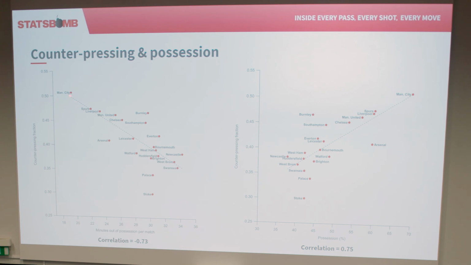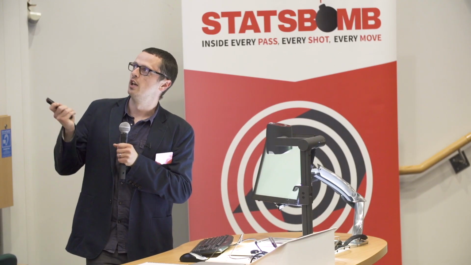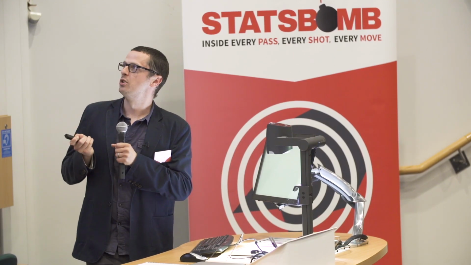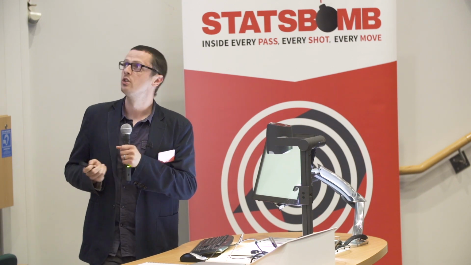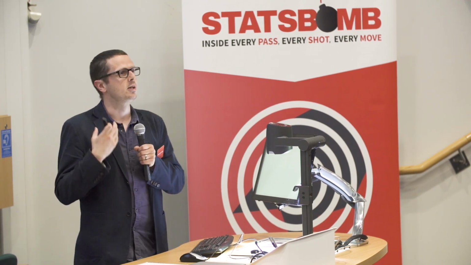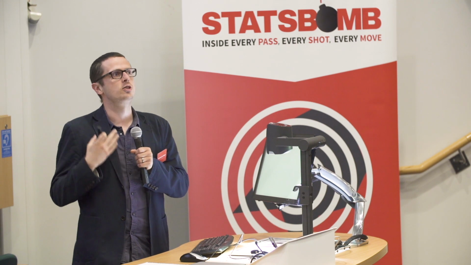And the less your opponent has the ball, the more you counter-press. And we see a very similar relationship when we look at possession based on pass volumes. So there's probably some circular causation here.